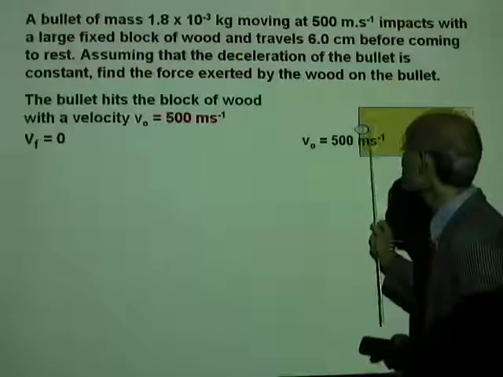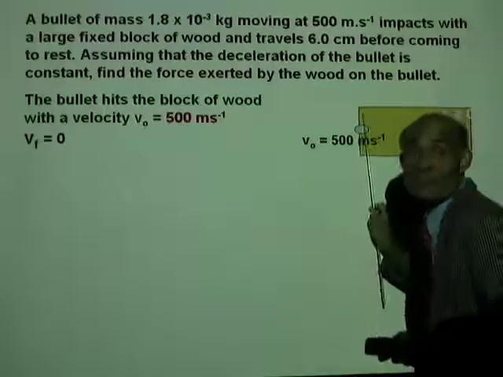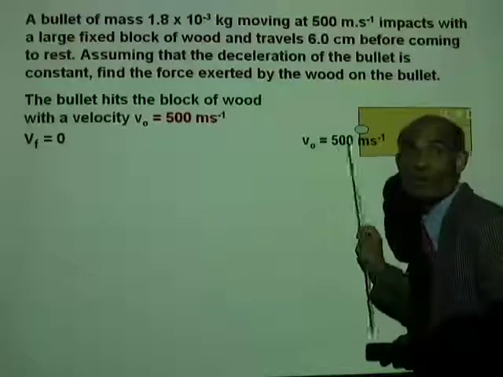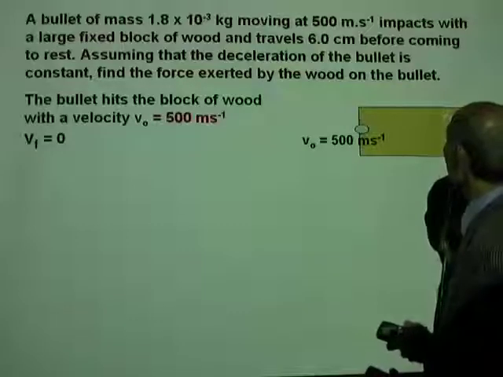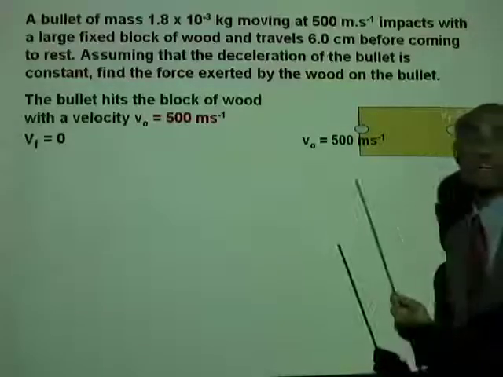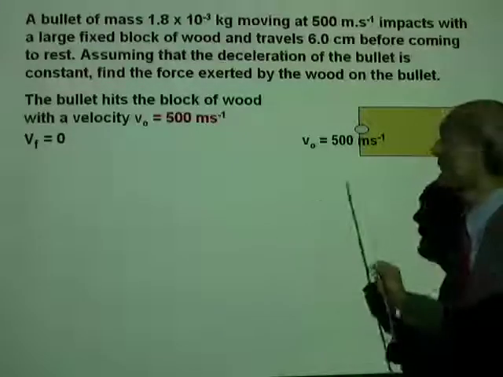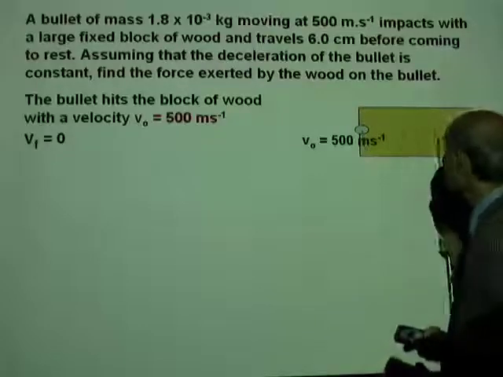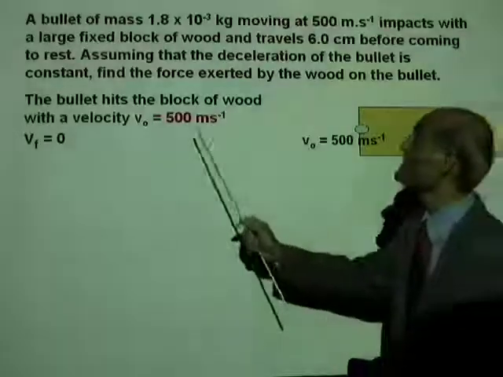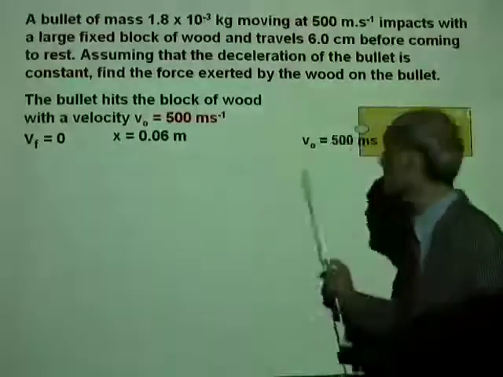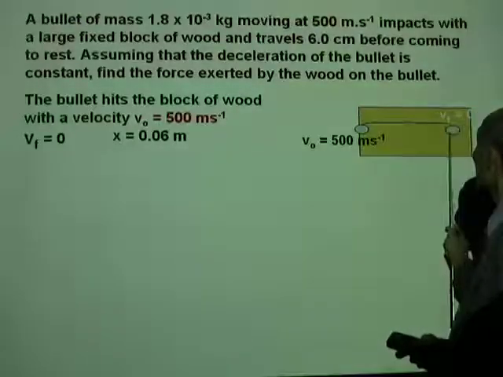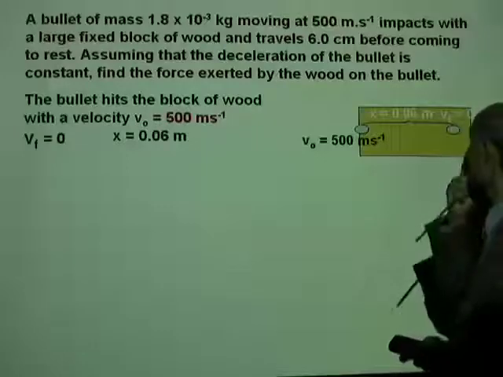So when the bullet is at the front of the block of wood, its velocity is 500 meters per second. When it is brought to a stop, its velocity is 0. And what is the distance moved by the bullet in coming to a stop? It is 0.06 meter. This is that distance, 0.06 meter.